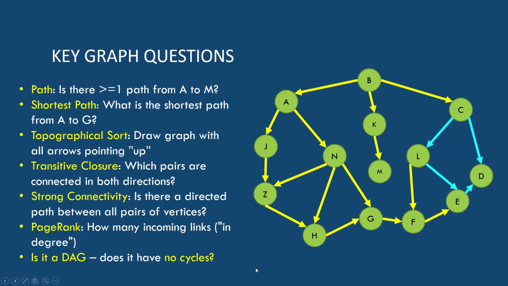A DAG: does it have no cycles? If it has no cycles, then yes, it is a DAG. So no cycles in a directed graph means it's a directed acyclic graph, okay? Those are some of the major terms we'll be covering.